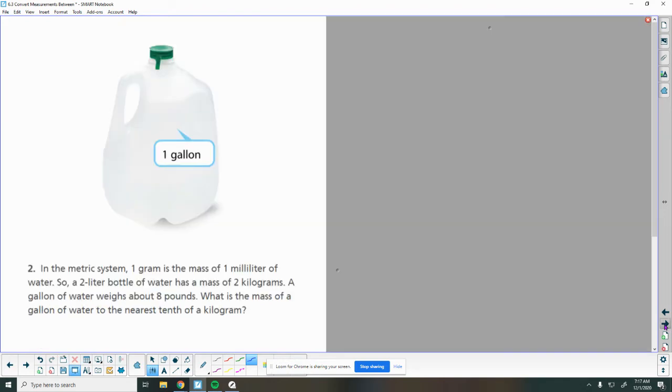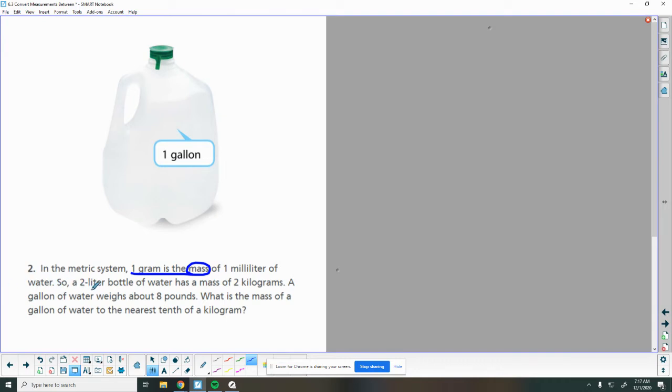Okay, number 2. So this problem is a little wordy, so let's pull it apart together. So in the metric system, 1 gram is the mass of 1 milliliter of water. So grams measure weight. Mass is telling us how much matter is being pulled down by gravity.